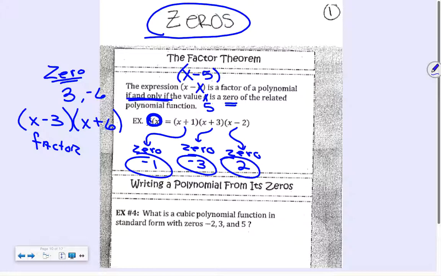Okay, now here's where I'm going. What is a cubic polynomial function in standard form? Cross that out, that takes too much time. So give me a cubic polynomial in factored form, not standard, with zeros of negative 2, 3, and 5.